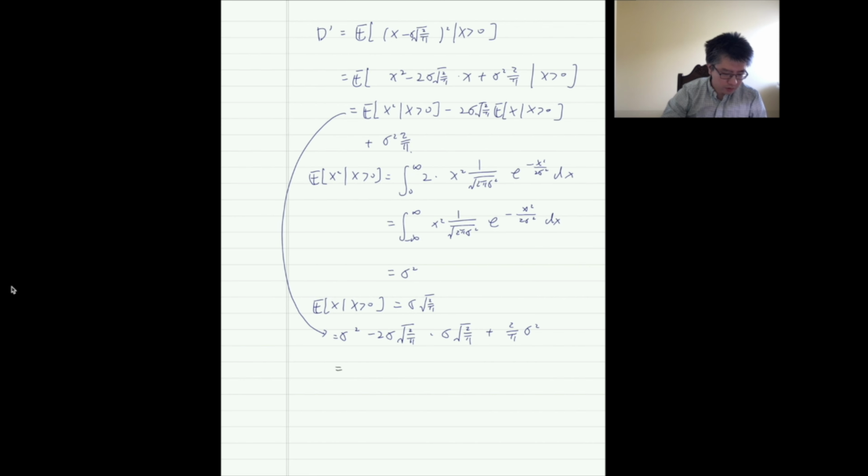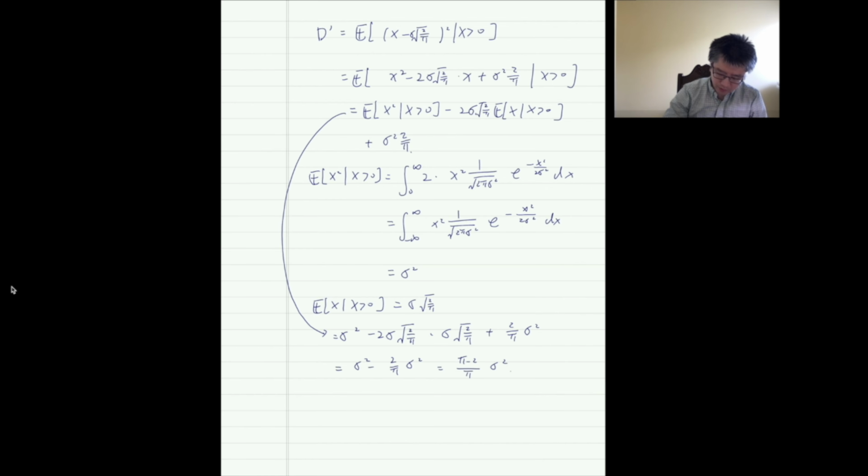That equals sigma squared minus 2 over pi sigma squared, that equals (pi minus 2) over pi sigma squared. Okay, so that's the distortion.